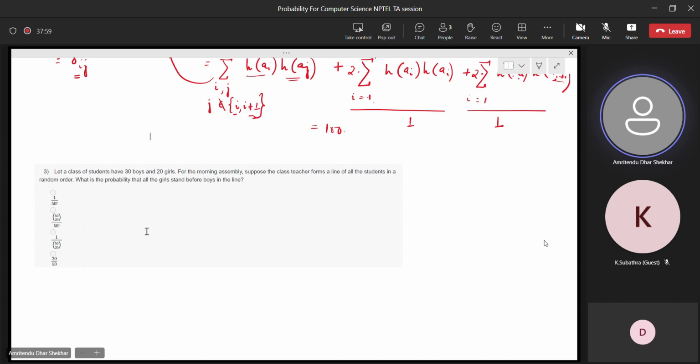Right. Okay. So let's say we have a class of 30 boys and girls, and we want to arrange them so that the girls stand before the boys in the line. So the idea is that from all possible selections.